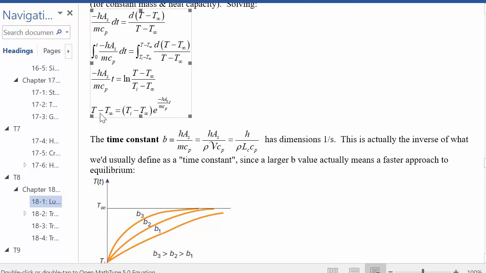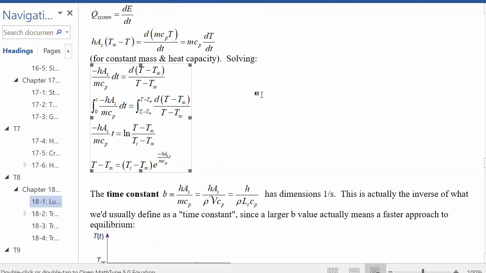So we're just going to say that the temperature relative to the free stream temperature of the fluid is going to be the initial minus the free stream, times this exponential, e to the negative hAs over mass times Cp, the heat capacity, multiplied by the time. Okay, so let's go ahead and calculate all of that.